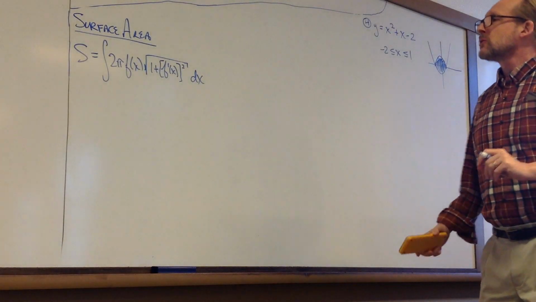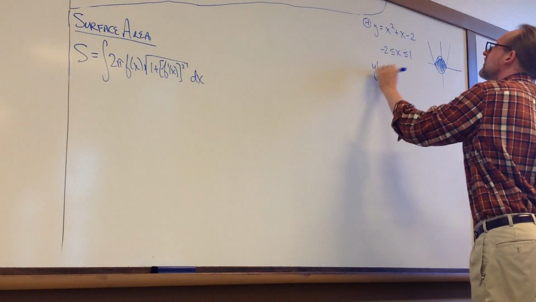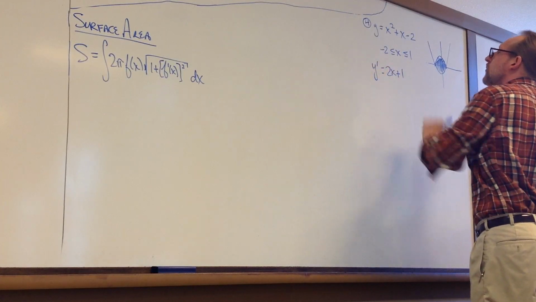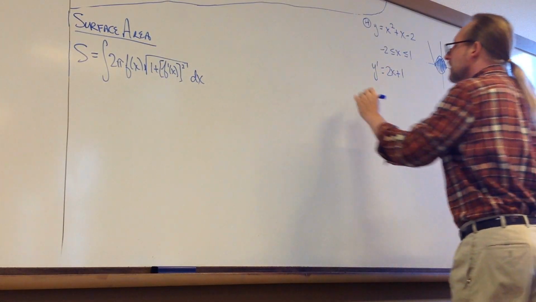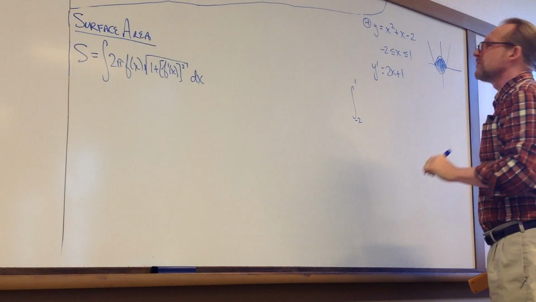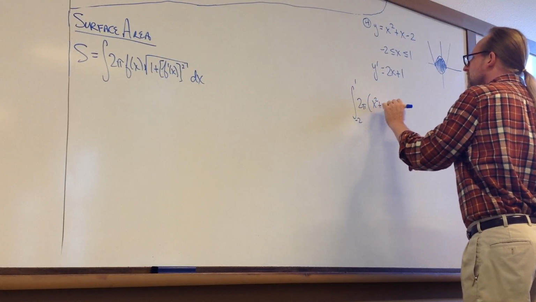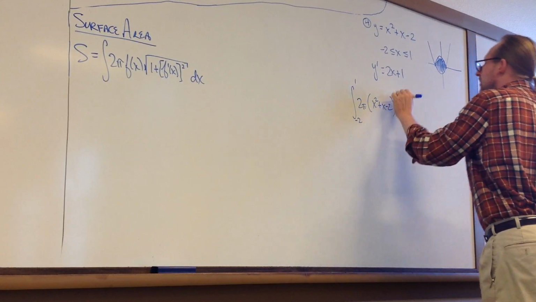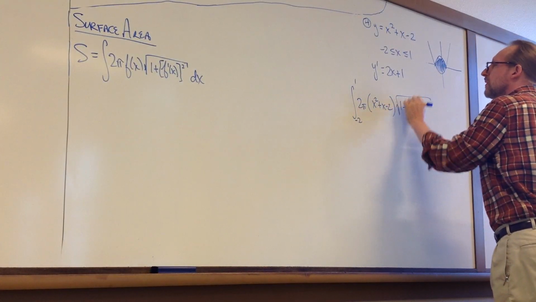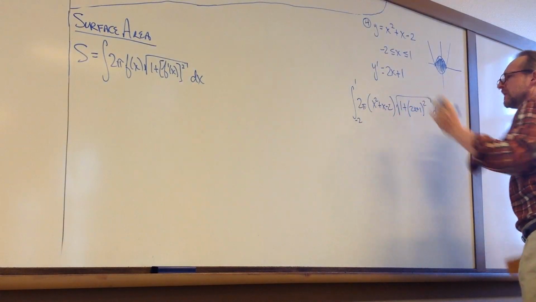Okay. So in order to do that, we've got the function value, we need the derivative, 2x plus 1, and then we want to set up the integral. We're going to integrate from -2 to +1, 2 pi times x squared plus x minus 2, times the square root of 1 plus (2x plus 1) all squared, dx.